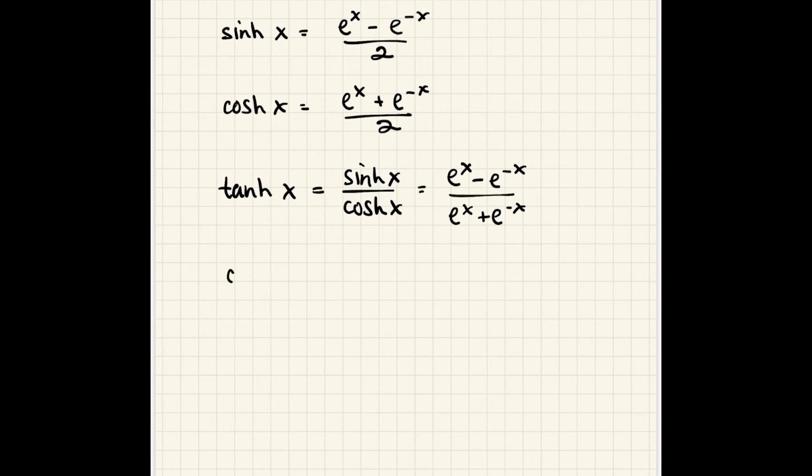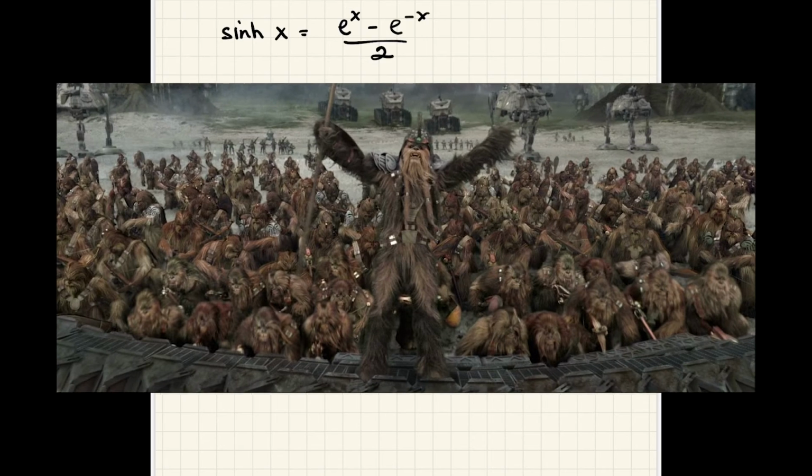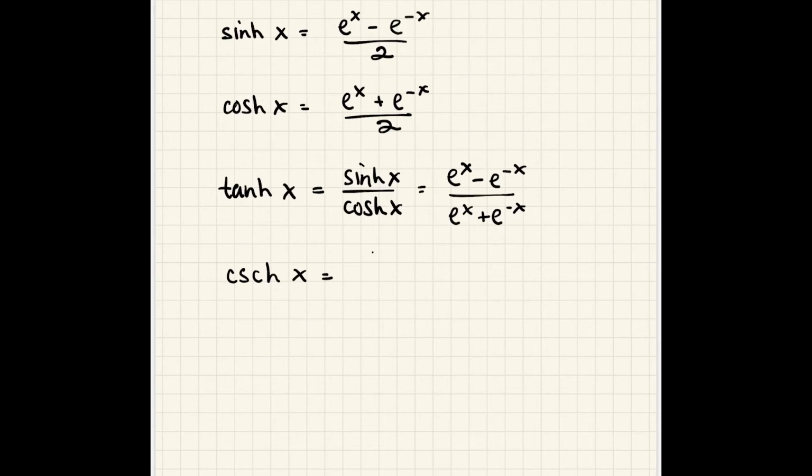Okay, and hyperbolic cosecant, or csch, that's like 1 over sinh, which would be just the reciprocal of sinh, wouldn't it? Hyperbolic secant, or sech, is 1 over cosh.